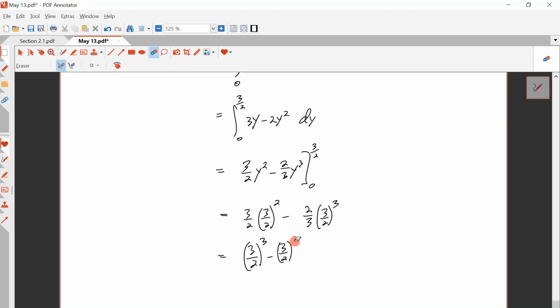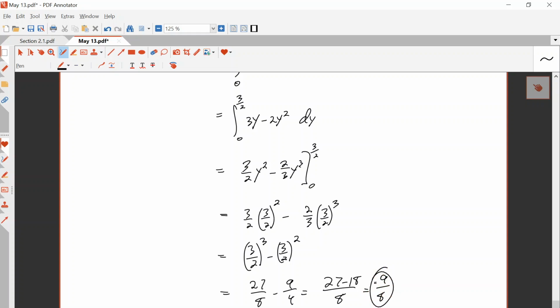So this is cubed minus squared. So that's 27 over 8 minus 9 over 4. So that's 27 minus 18 over 8. So 9/8. Okay. All right, so that's it for this section. I will see you later.